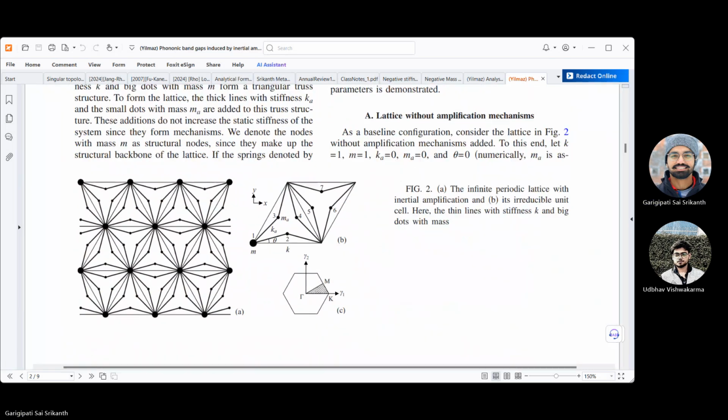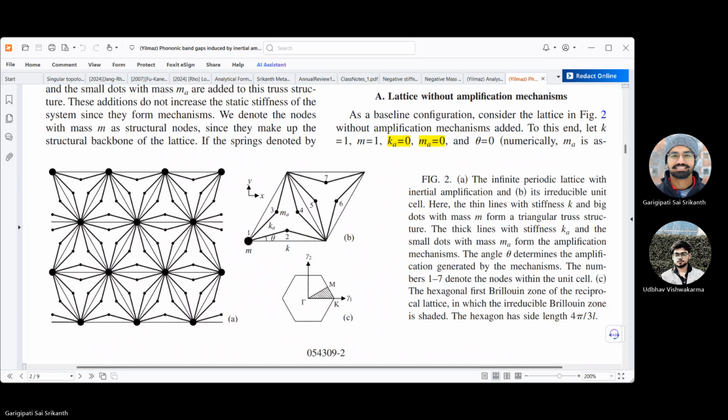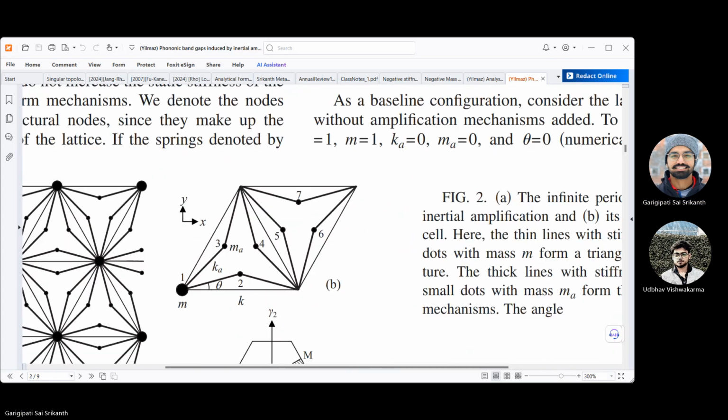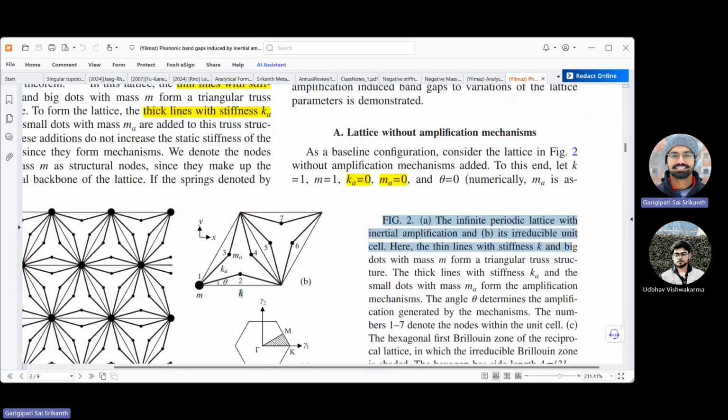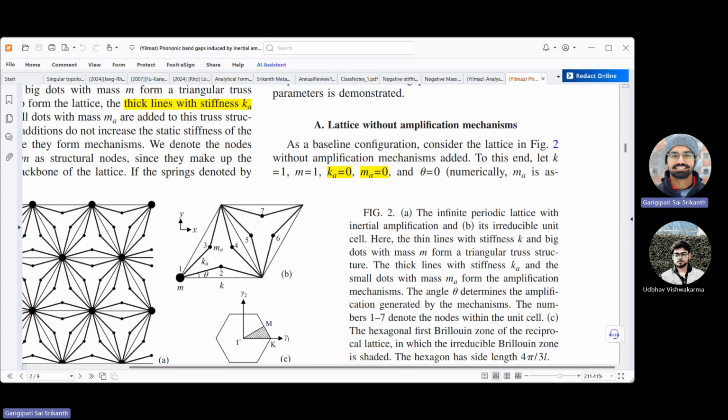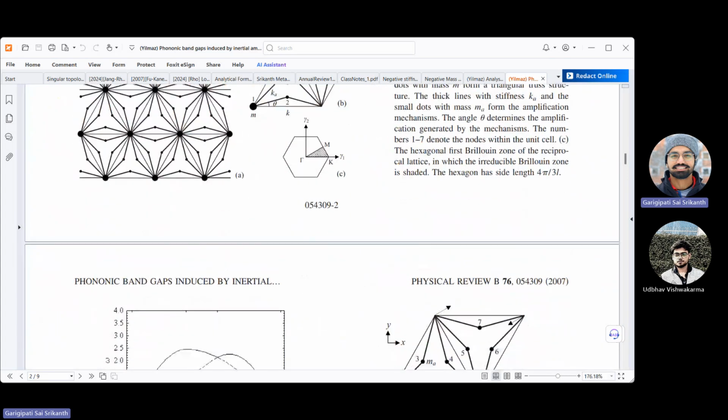Using this as a unit cell, they've made a 2D crystal. Amazing work here. Without inertial amplification, if Ma is equal to 0, we should ideally get the monomer.